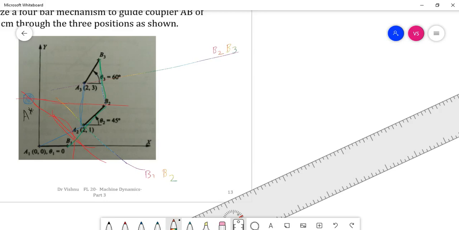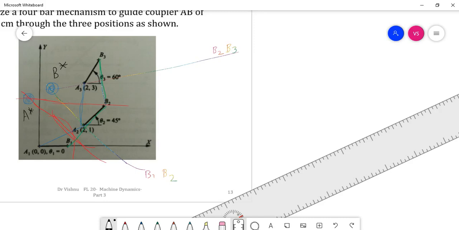The earlier line which was drawn between B1 and B2 and this line which is now drawn between B2 and B3, they meet here. So this point is called B star. That means we have got these two ground points, A star, B star.